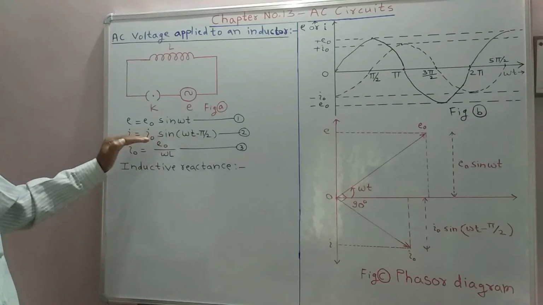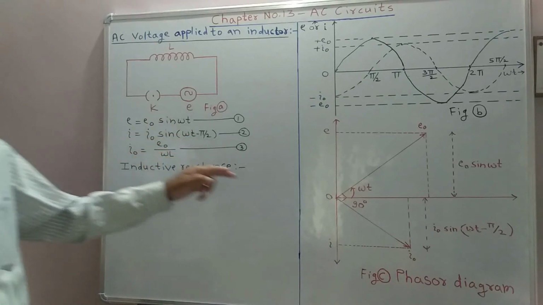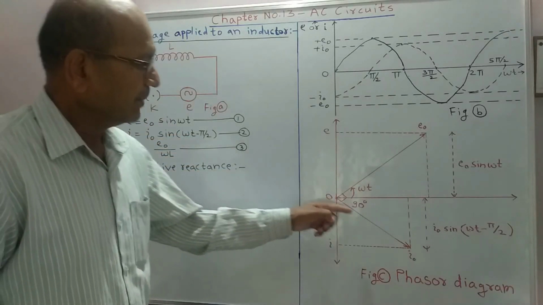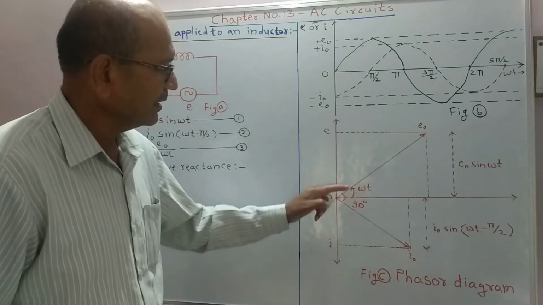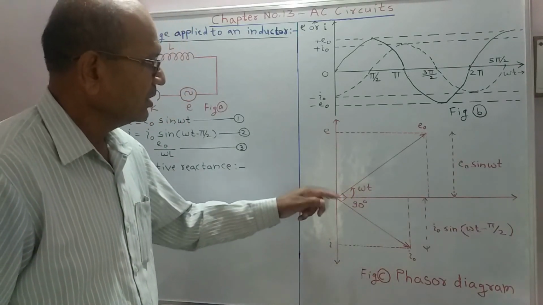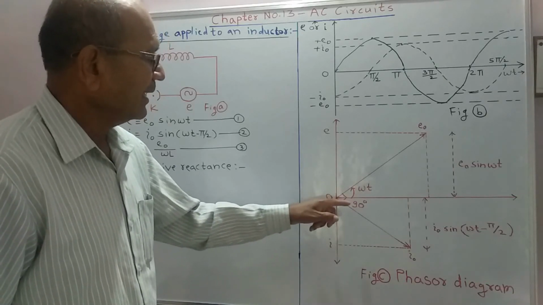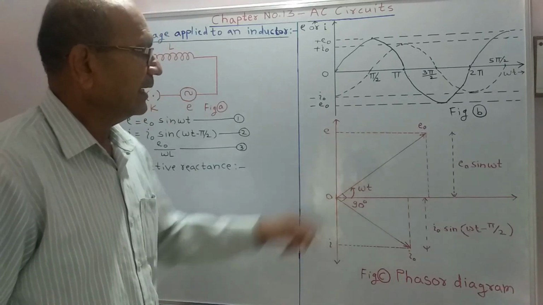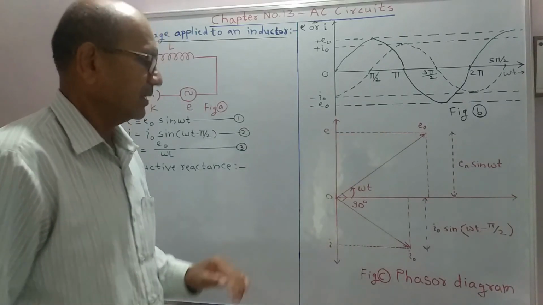That is, current lags behind the voltage by pi by 2 radians, and so the phasor representing peak current I naught is turned in a clockwise direction so as to make an angle of 90 degrees with the direction of phasor representing E naught.